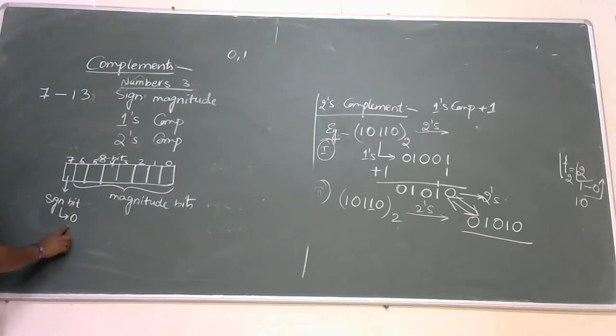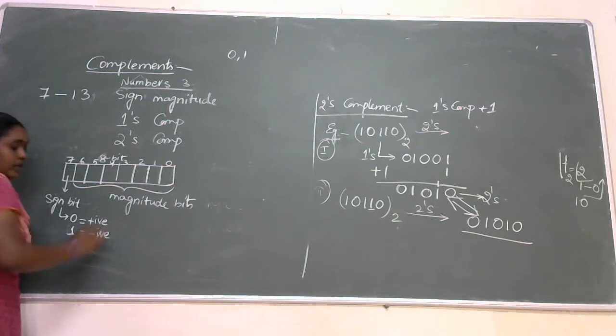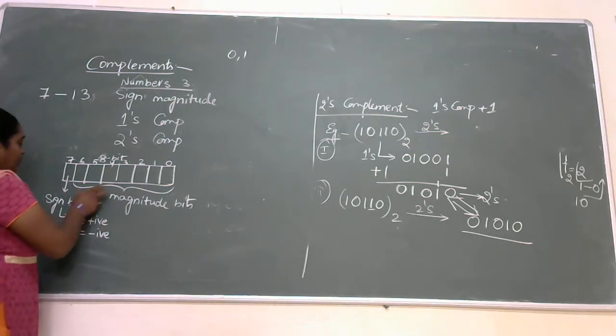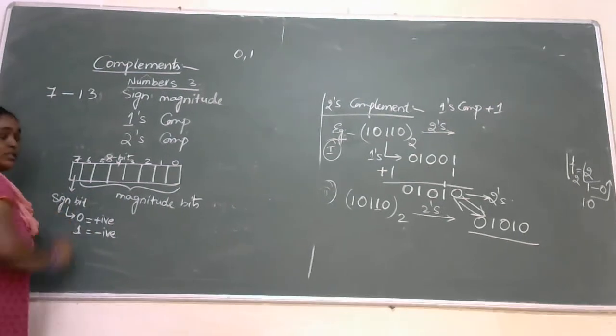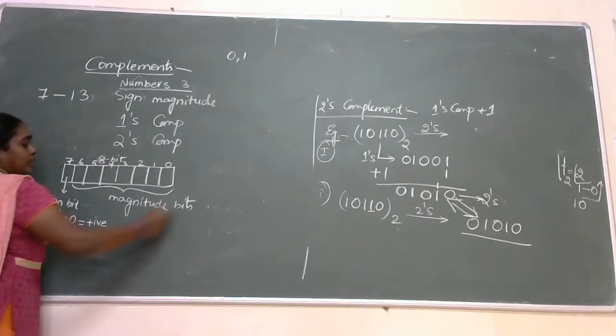If the sign bit is 0, it represents a positive number. If the sign bit is 1, it represents a negative number. This is the importance of the sign bit. The remaining bits are magnitude bits.